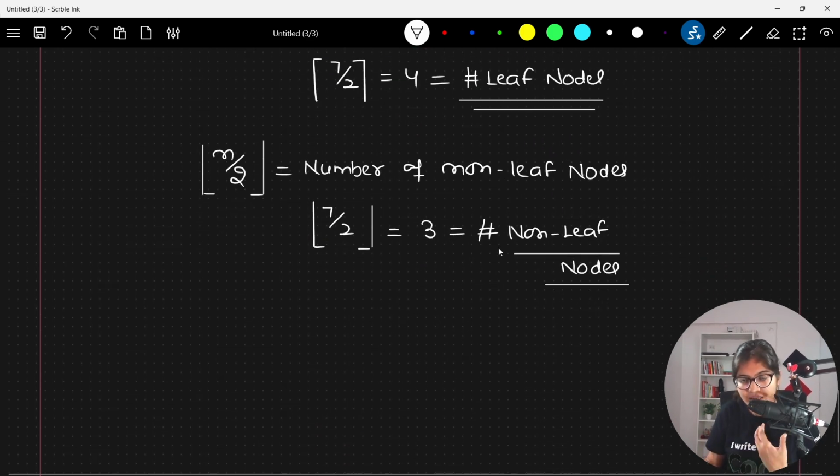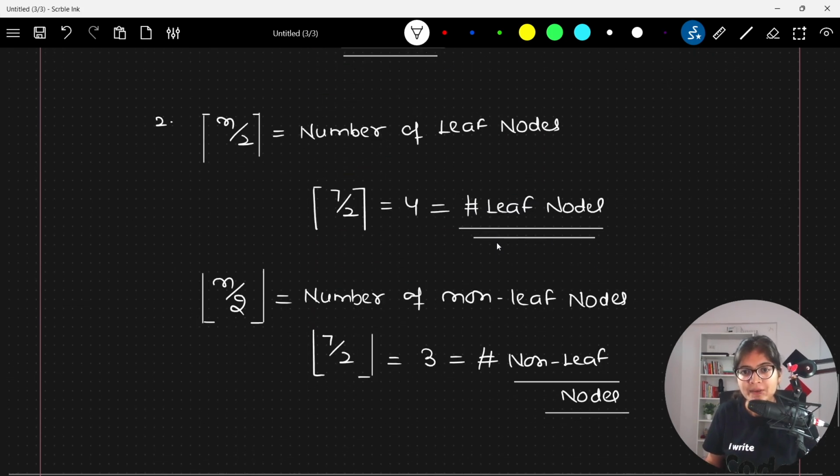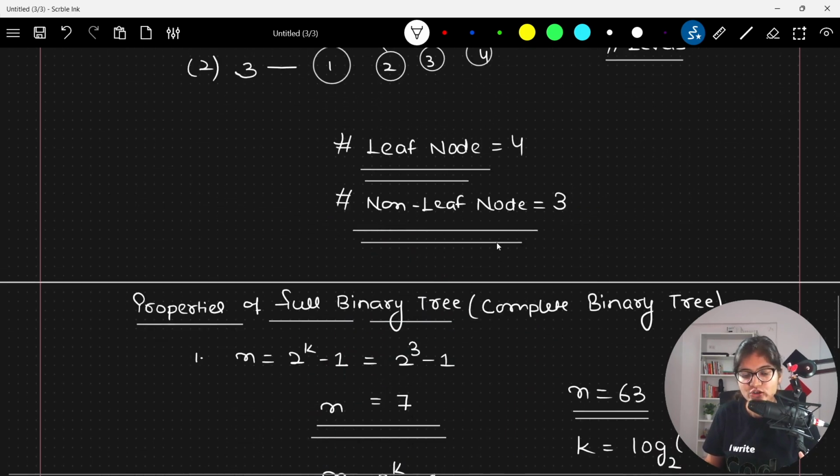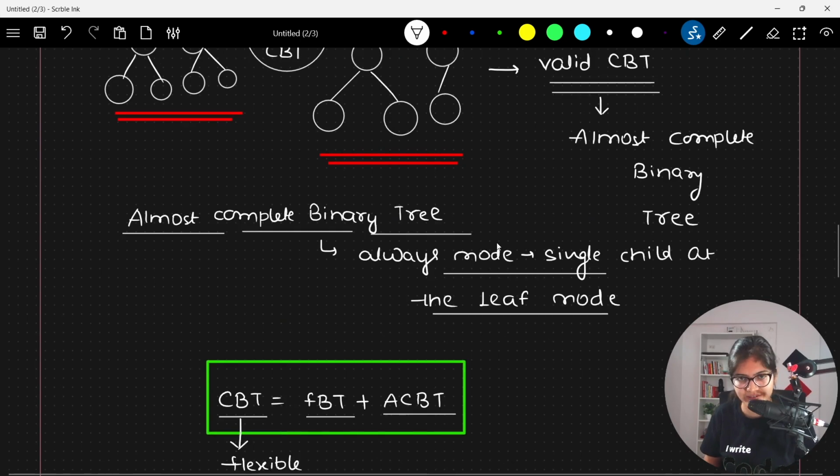So this is another property that you should keep in your head. The very first property that we have seen is the relationship between the number of leaf nodes and the number of levels. The second property is how we can count the number of leaf nodes and the number of non-leaf nodes. These are the things that you need to take care of whenever you are talking about a heap-based data structure.